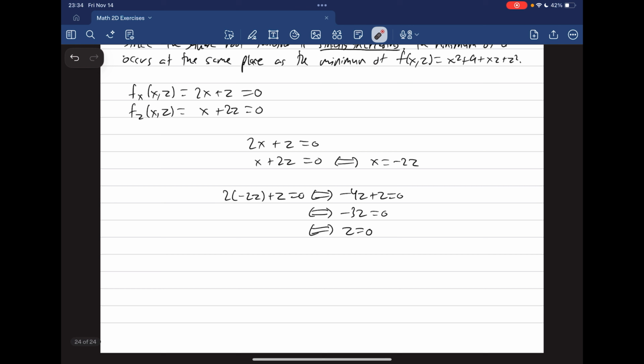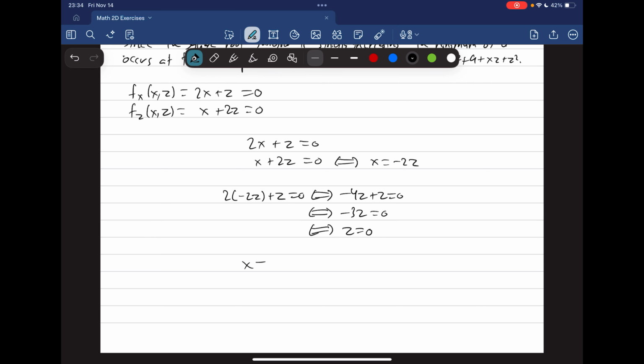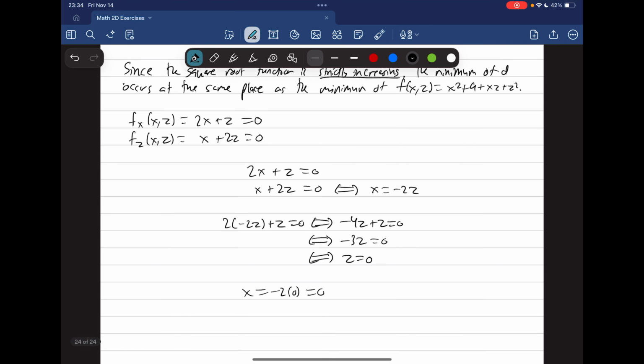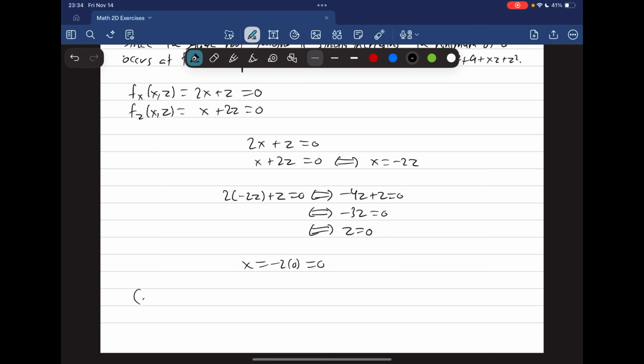Then if we plug z equals 0 in over here, we see that x also has to be 0. And so the only critical point of our function is the point (0, 0).